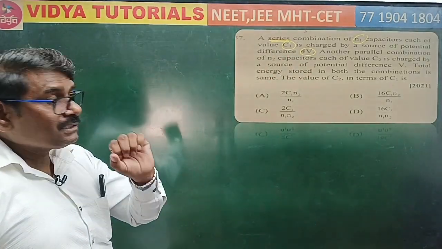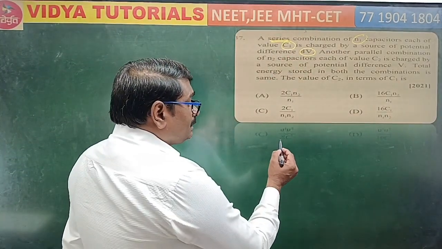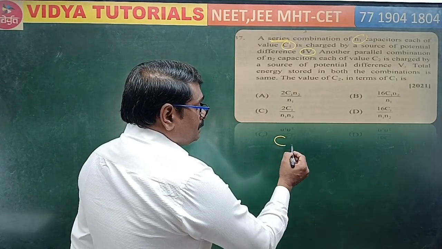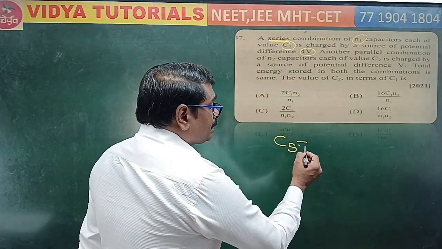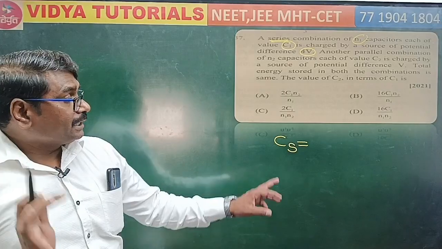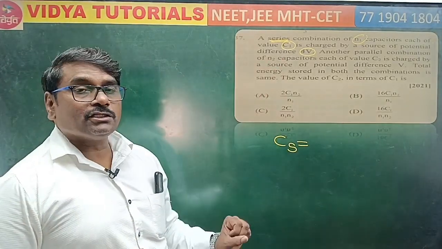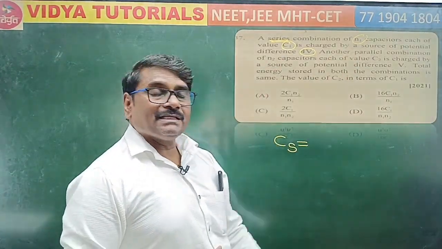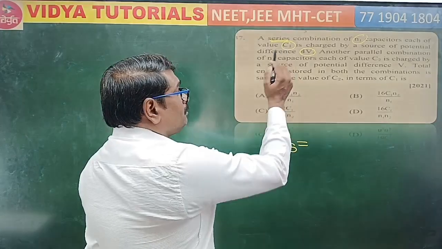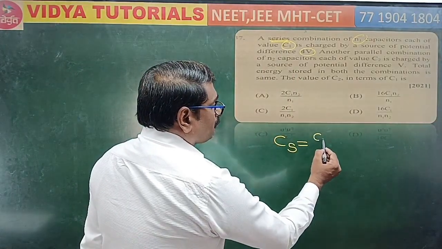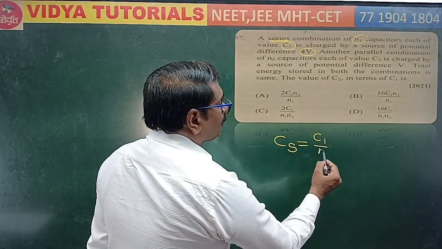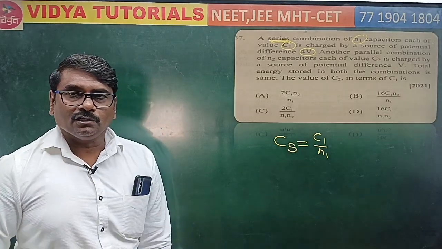By the first condition, suppose CS is the equivalent capacitance of the series combination. There are N1 capacitors and each value is C1, therefore the general formula becomes C1 upon N1. Got it?